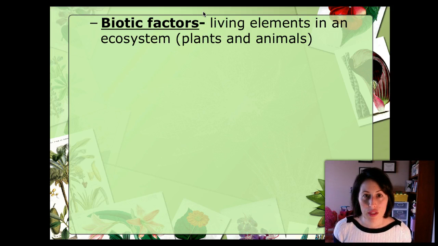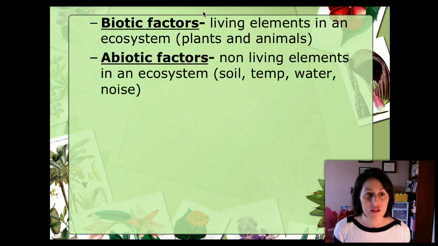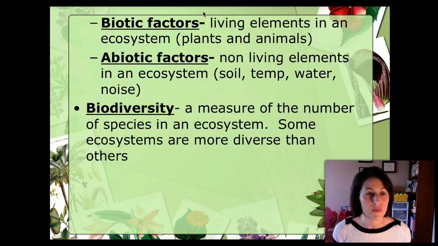What happens when you put the prefix a in front of a word? Do you remember? It means not. So abiotic factors are the non-living elements in that ecosystem. So that's looking at the soil and the temperature and the water, the noise. Anything that is not considered living that has an impact on that environment is an abiotic factor, non-living factor.